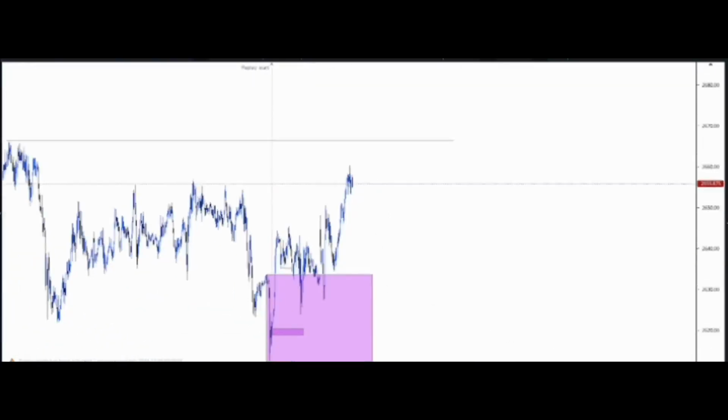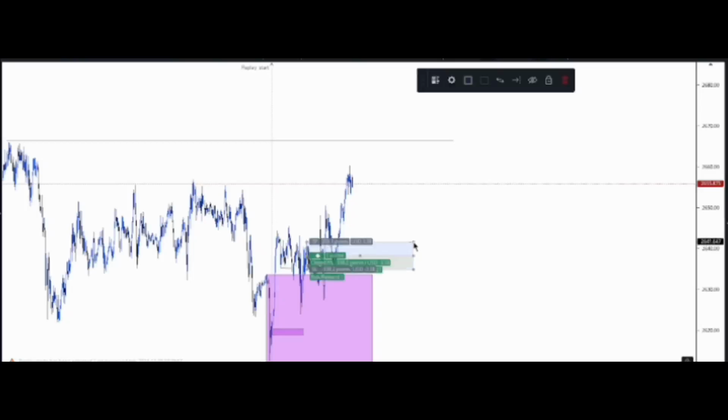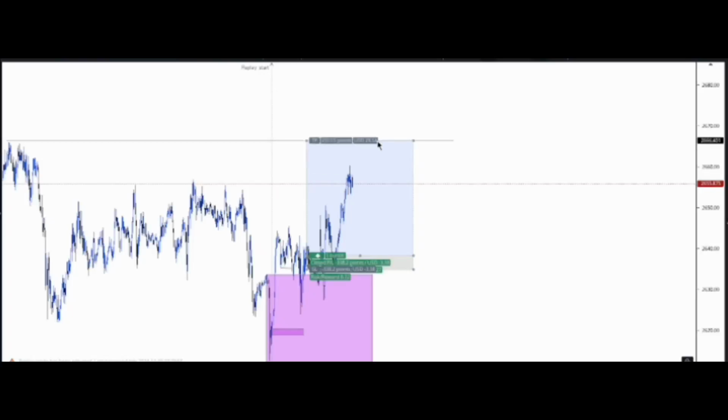Now price is going in our direction. If we wanted to frame this trade, this will be our trade, our first TP just here as our first target, and our stop loss just below.